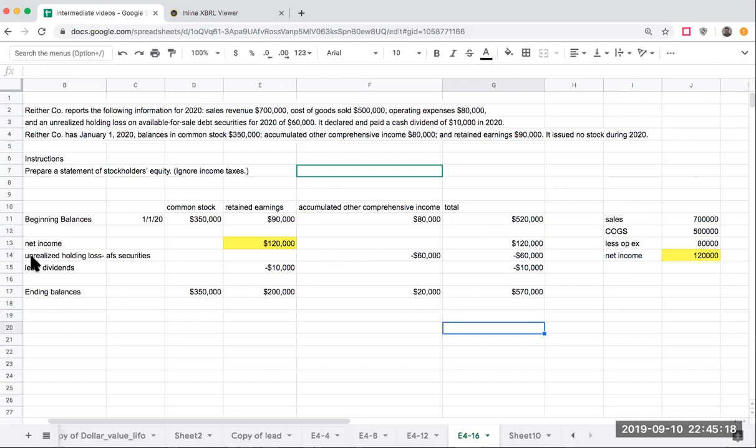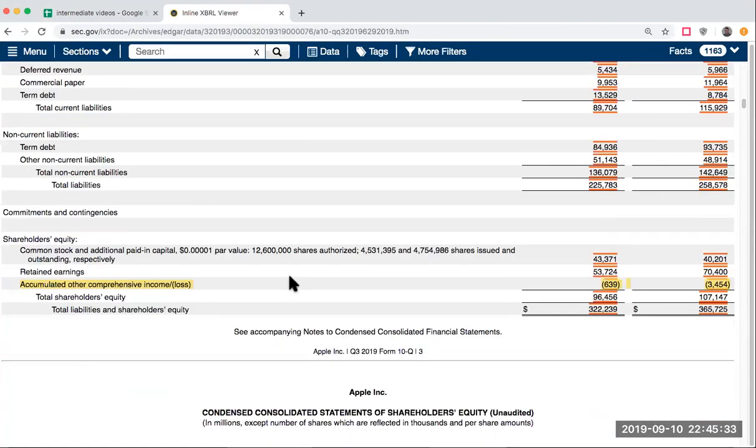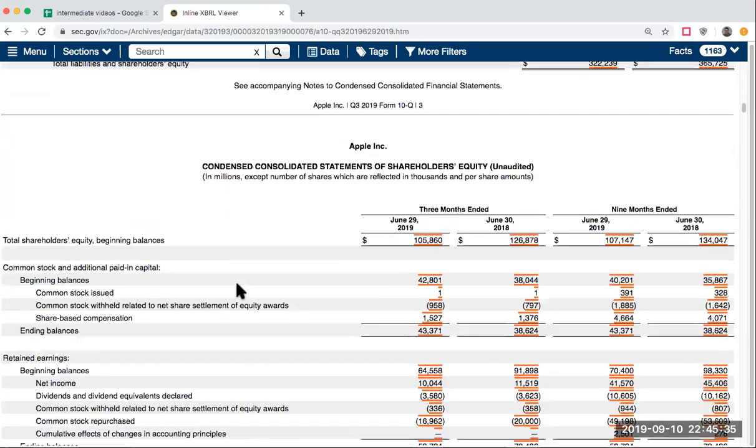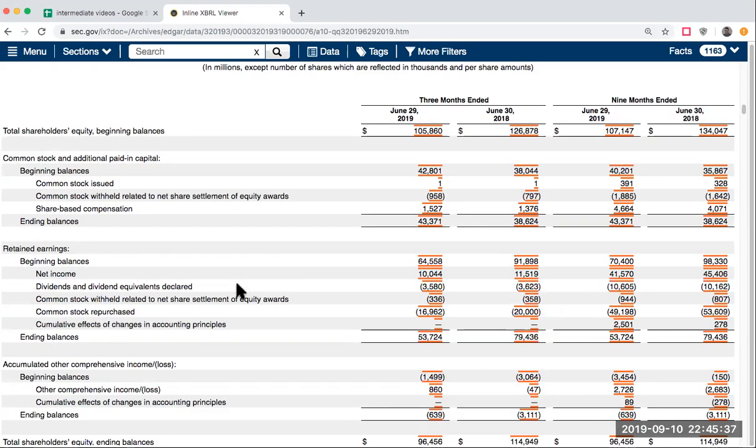So again, this is a new statement for a lot of you. You have not seen this before, but it's more often than not prepared instead of the statement of retained earnings. It helps us break down the components of what we see on the statement of shareholders' equity.